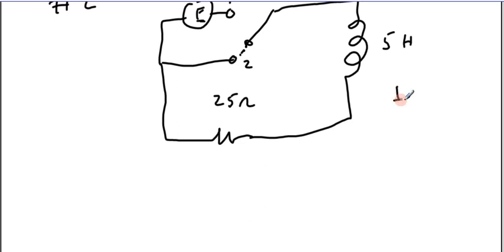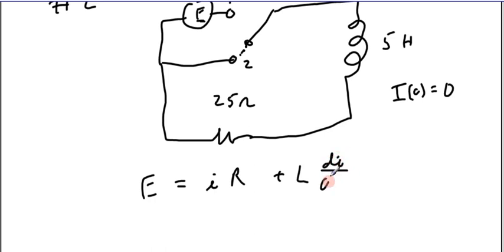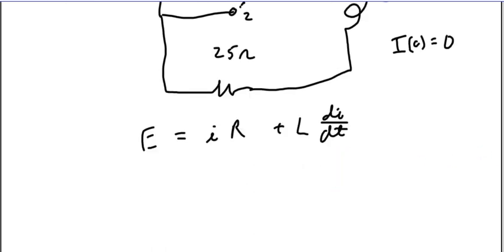We know that the current at time 0 is going to be 0. We know that. And at time 0, I'm going to close the switch. Okay, so that being the case, the voltage source, E, is going to be iR plus L di/dt.